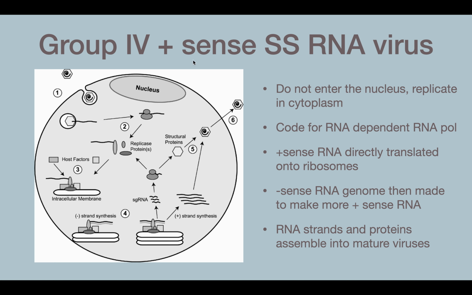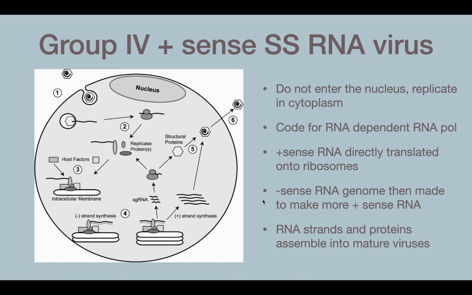Okay, so a positive single-stranded RNA virus doesn't enter the nucleus at all because it can only replicate in the cytoplasm. It needs both positive and negative sense in order to go into the nucleus. So the positive sense is going to code for the RNA-dependent RNA polymerase, and the positive sense strands are going to be directly translated onto the ribosome. So these are going to make proteins using that code in the RNA.